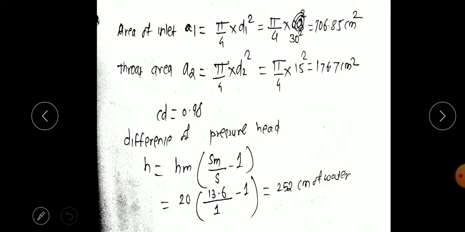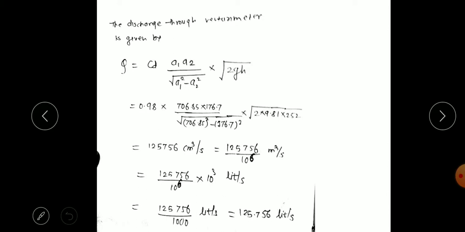So using these two formulas we can determine it. First we determine the inlet area A1 = pi by 4 D1 square, and the throat area A2 = pi by 4 D2 square. CD is given. So H is HM into SM upon S minus 1. So the difference of pressure head H we get is 250 centimeter of water.